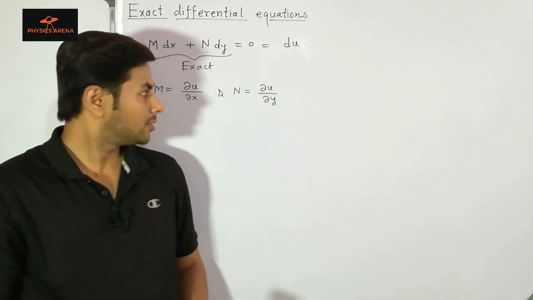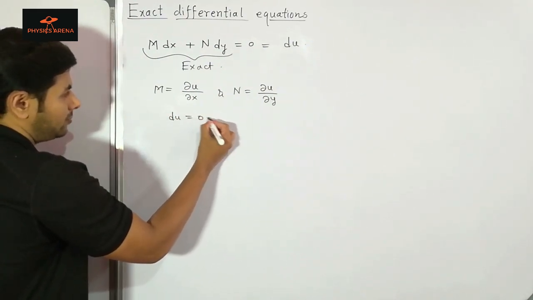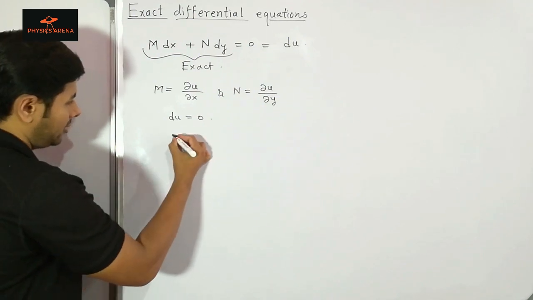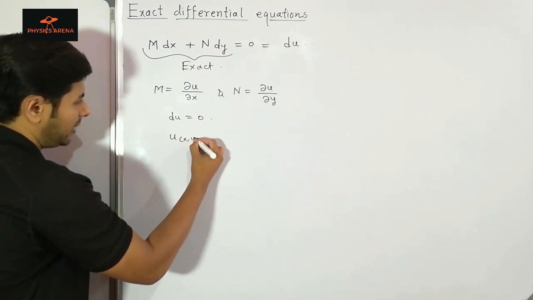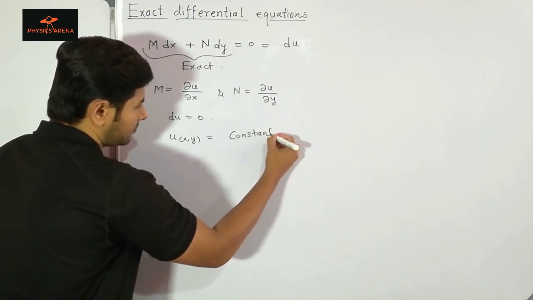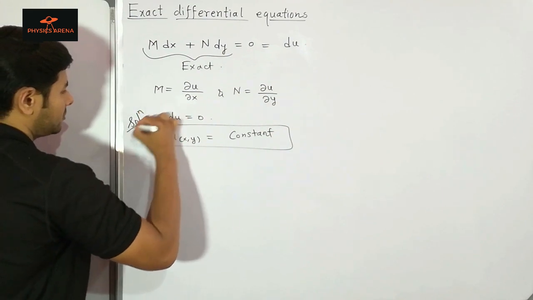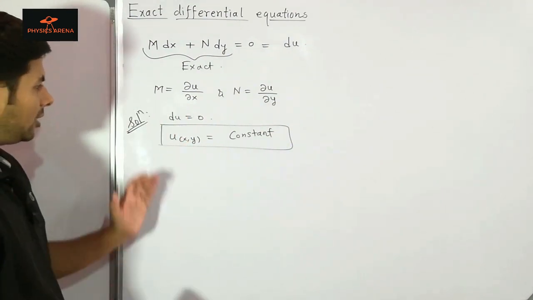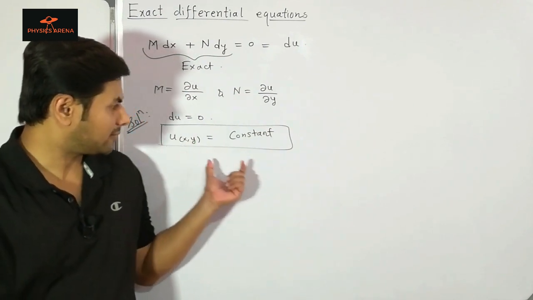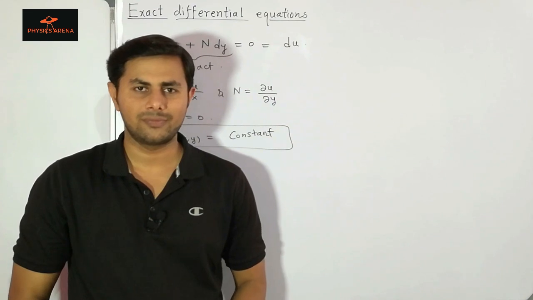Okay, so since du equals 0, the solution of this equation is u of x, y is constant. Okay, so this is the solution. So our job now is to find that u of x, y which satisfies this differential equation.